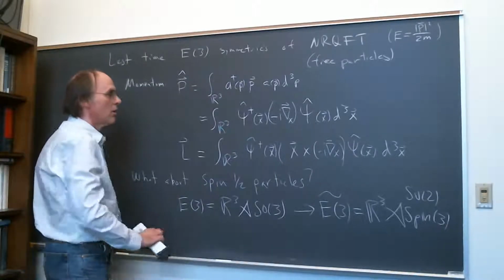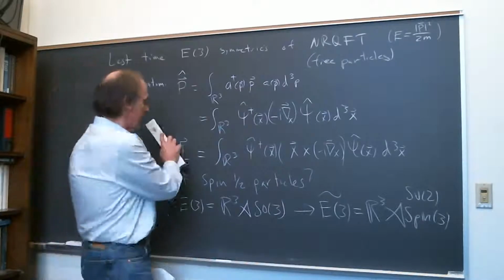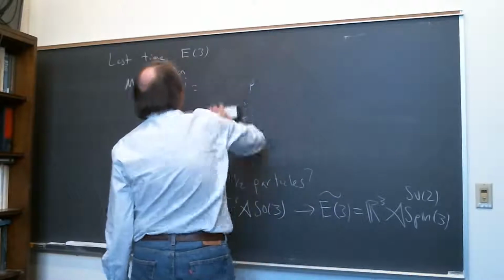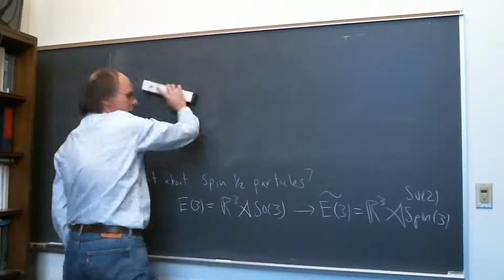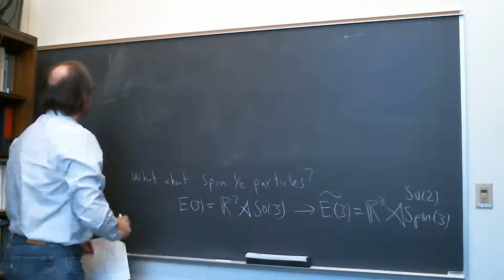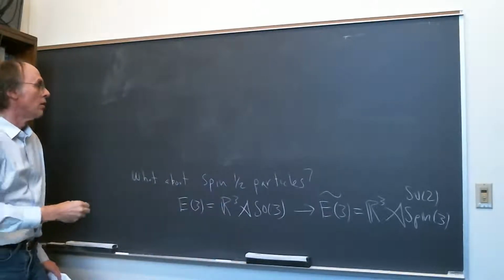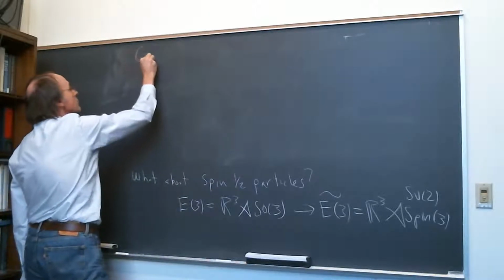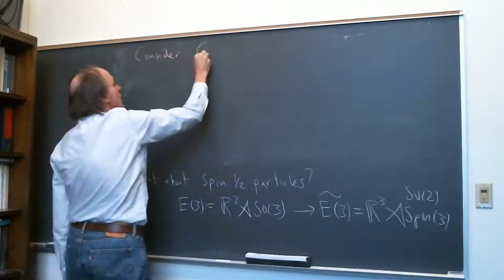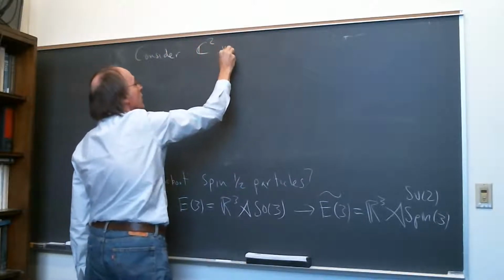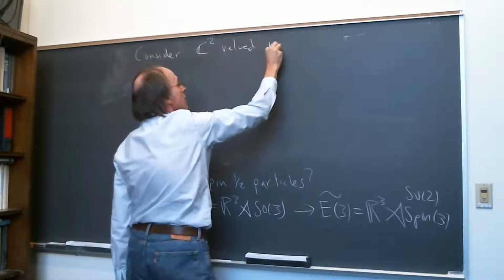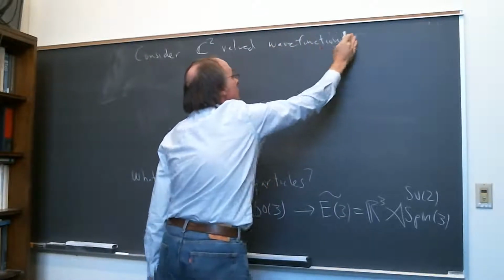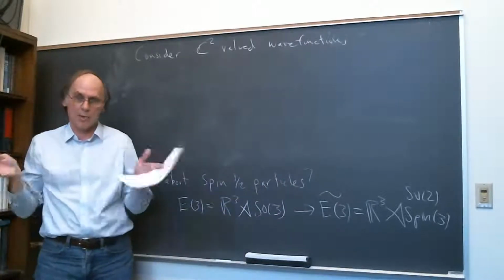Okay, so now how do you explicitly write down spin 1/2 particles? Well, what you do is you consider C2 valued wave functions. So far we've been talking about just complex valued wave functions.